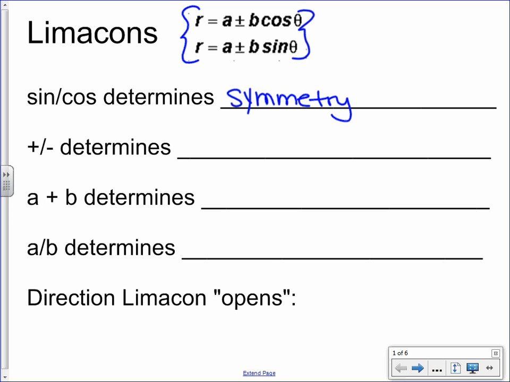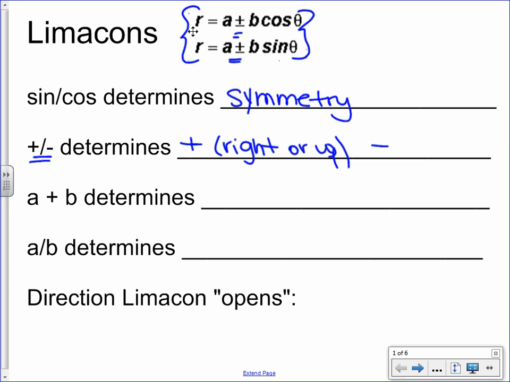Okay. So this plus or minus is going to determine what direction this is quote unquote opening. Okay. So if we have a positive, what does that mean about our curve? If it is about cosine, it's going to be more to the right. If it's sine, it's going to be more to the up direction. Sounds funny, but we'll go with it.